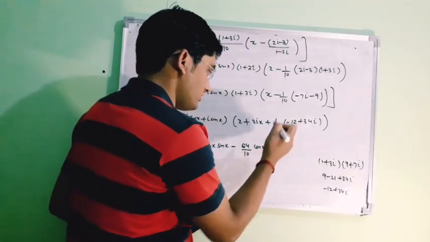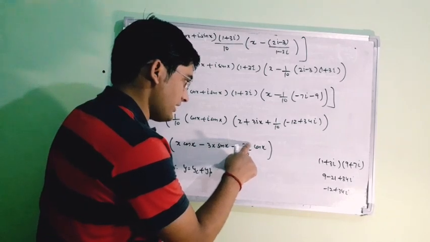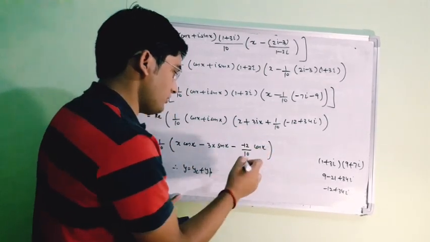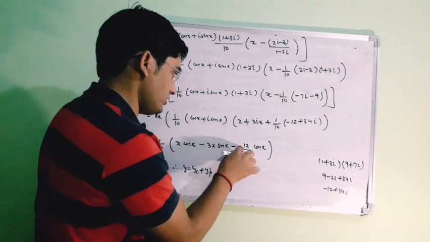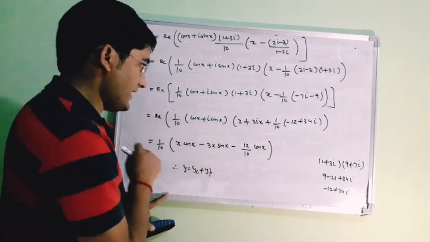This will be your 1 by 10. Now if this is 1 by 10, then this will be your minus 1 by 2 minus 12 upon 10, and the minus sign is here. So this is 12 upon 10 into cos x.